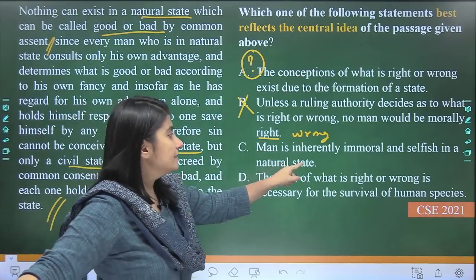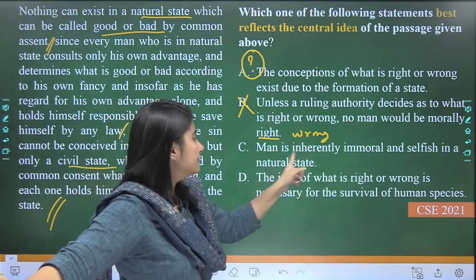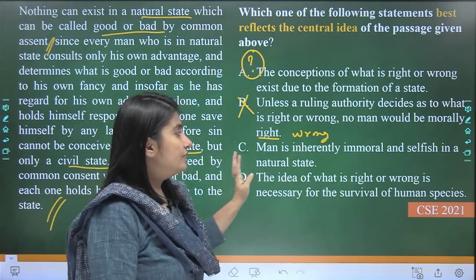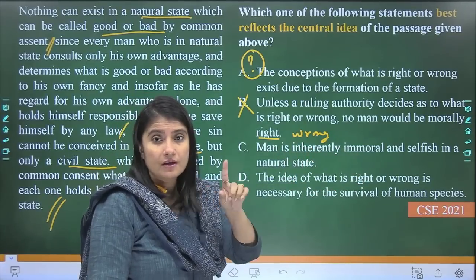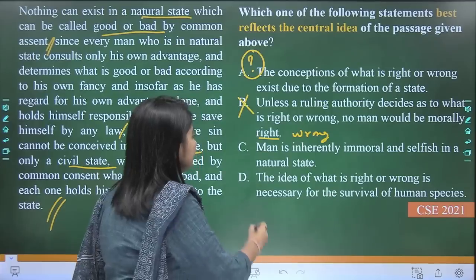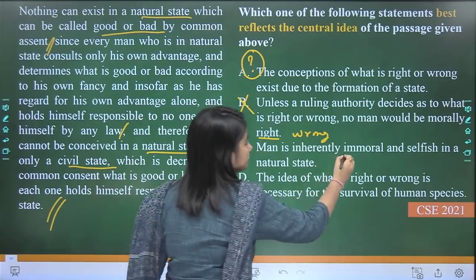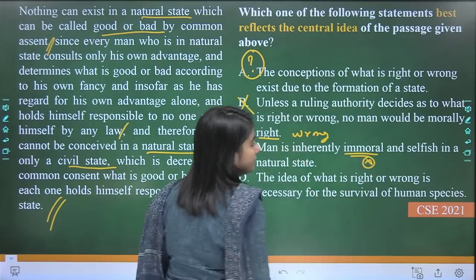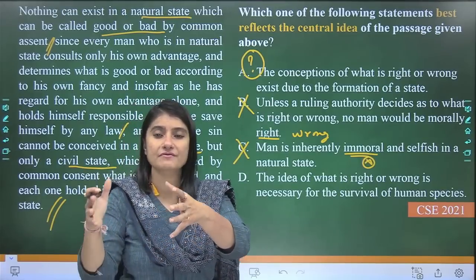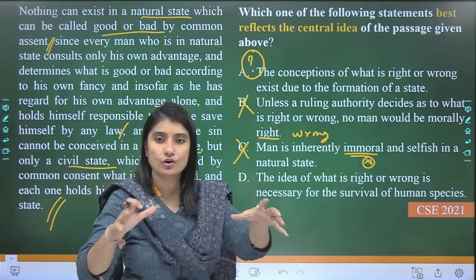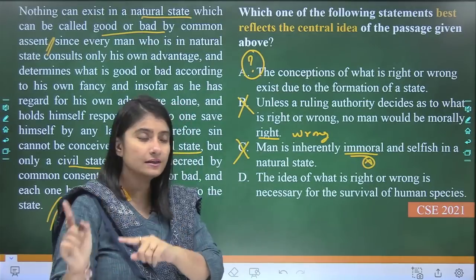Man is inherently immoral and selfish in a natural state. No, we are talking about selfish, yes, I will think of only my good, but it does not necessarily mean immoral. So this is not given anywhere. We are talking about morality is only conceived when a state is formed and when there are common laws on which everyone has agreed to.